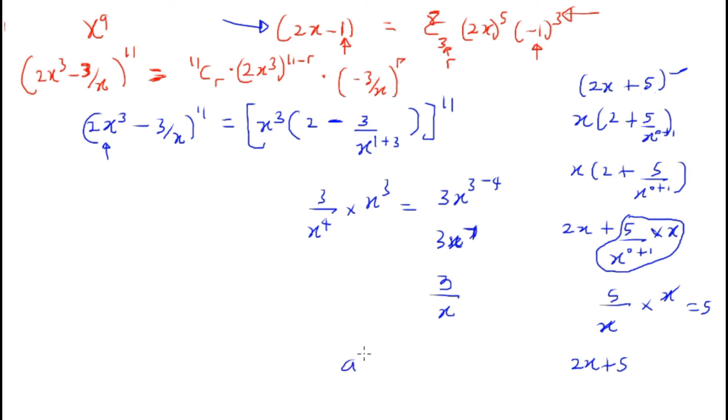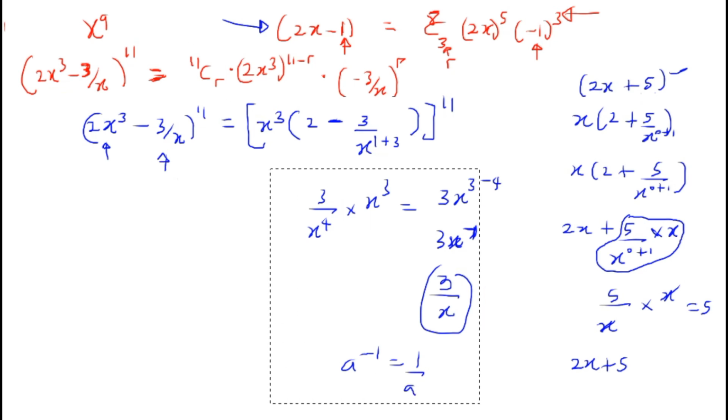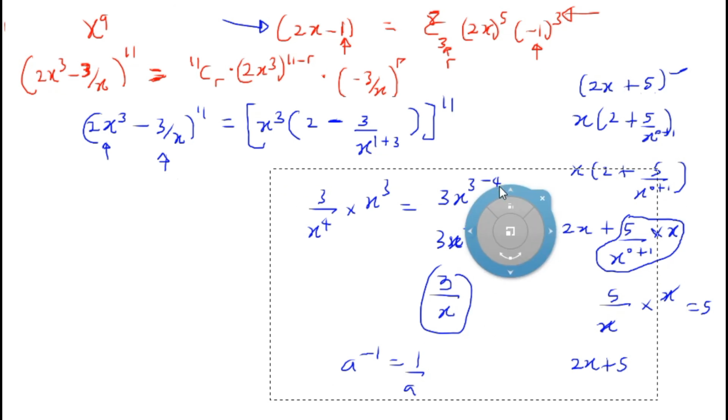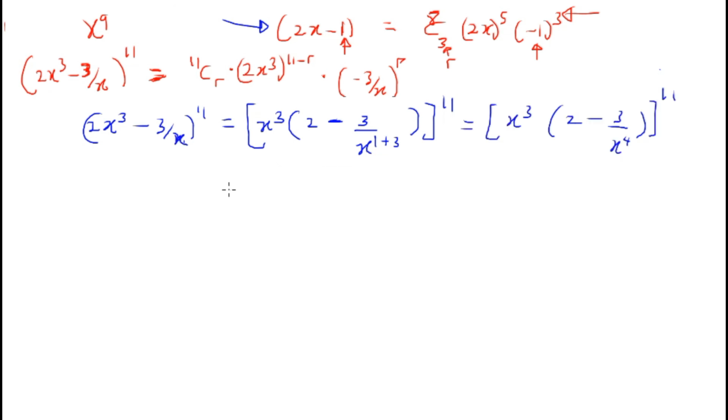If you have a raised to power minus 1, it means 1 over a. So I'll have 3 upon x, which is what I have here originally. Alright, so nothing has changed. I have changed nothing.